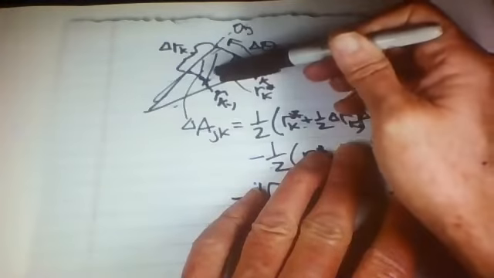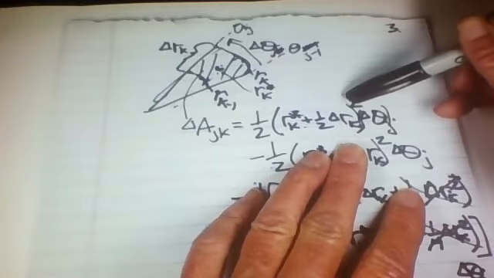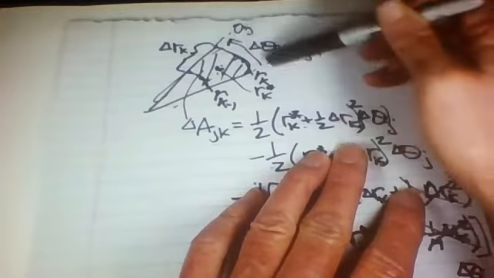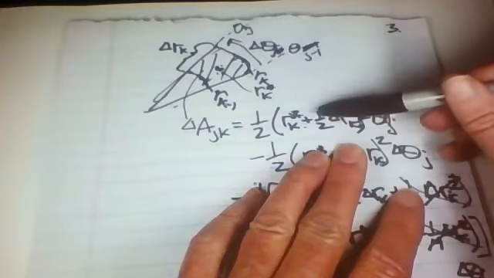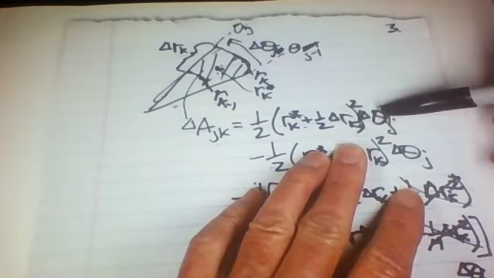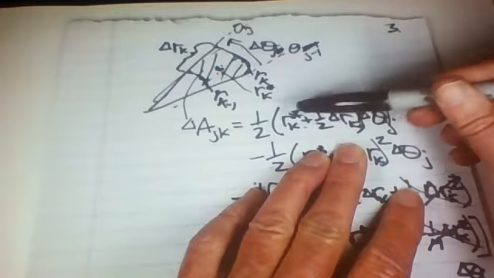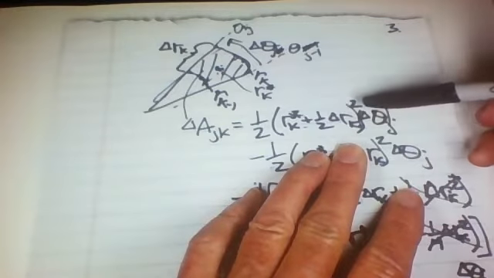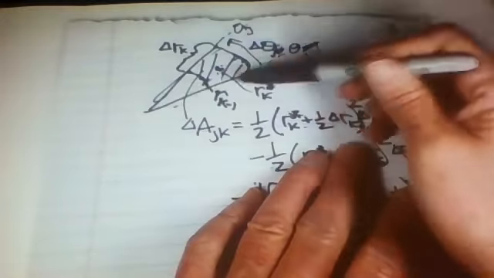So that's the radius squared, and the angle, which I now call delta theta j, and the radius is measured this way, rk star plus one half delta rk. So that's the area of the outside sector.